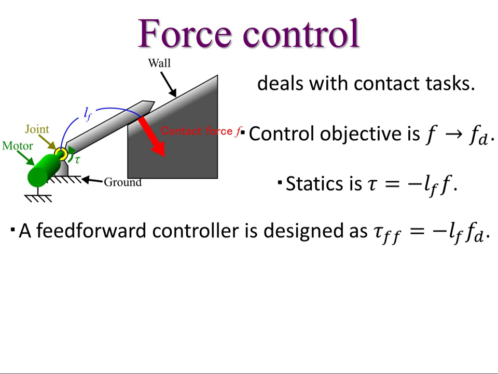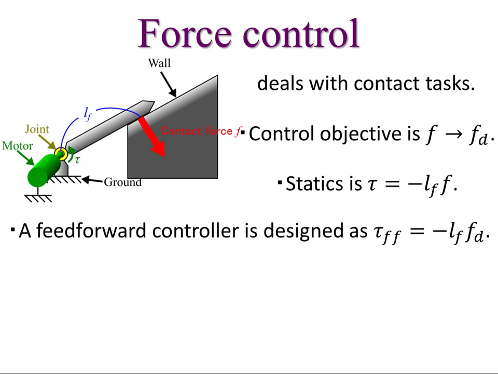From the previous statics, the feed-forward torque tau Ff that produces the desired force Fd is shown in this equation. In fact, substituting this tau Ff into the tau in the previous statics gives F equals Fd and the control objective is realized.